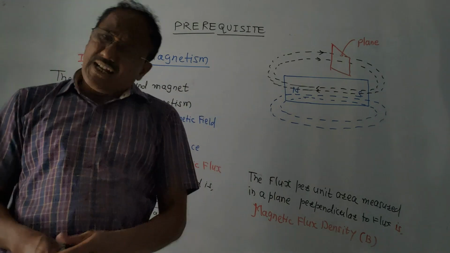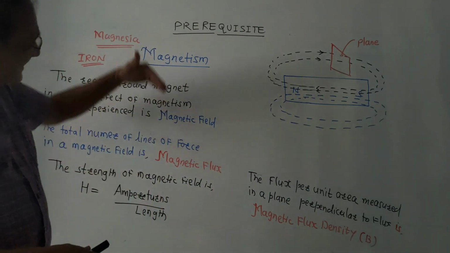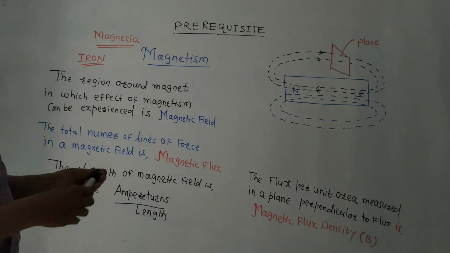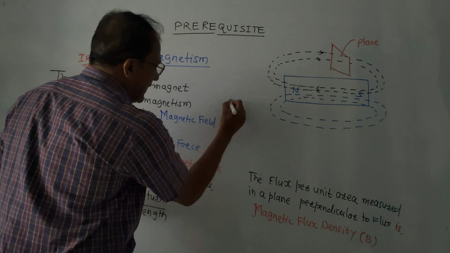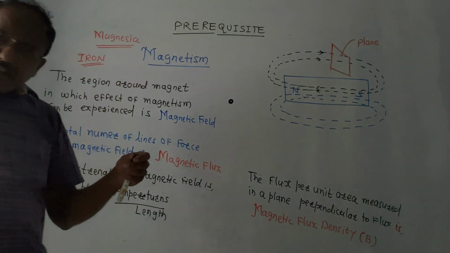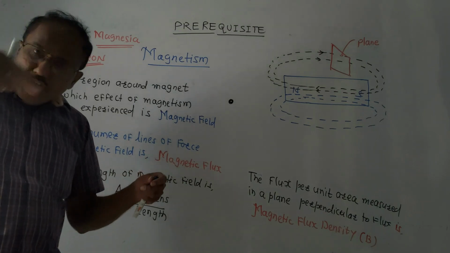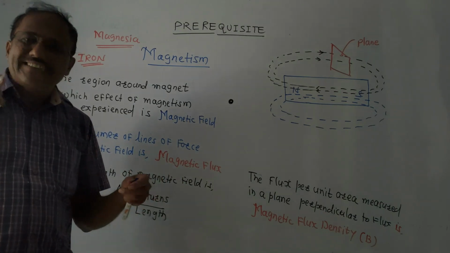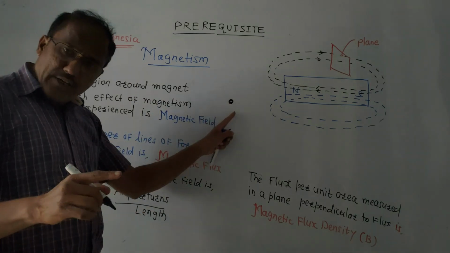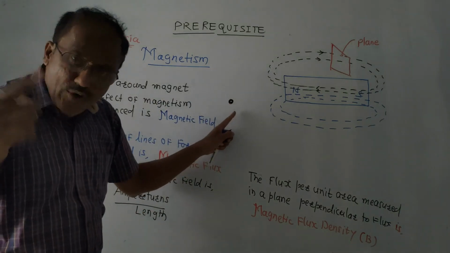Now, the question arises, what's the relation between this magnetism and an electron? See, if we are talking about a single electron, then the electron is rotating around the nucleus. This is called the orbital motion. As well, the electron is spinning around its own axis.